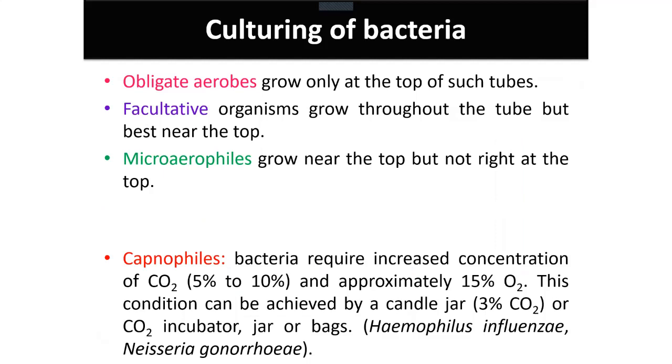The capnophiles require different percentages of oxygen and carbon dioxide. Different terminologies came, so the capnophiles may require nitrogen for their growth, maybe ammonia. Many other gases are there when you are classifying them all together, so they are coming in that category.